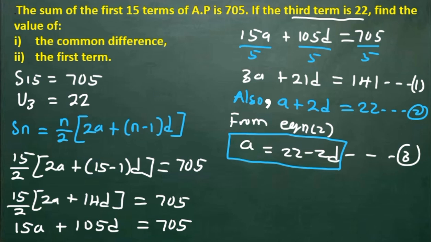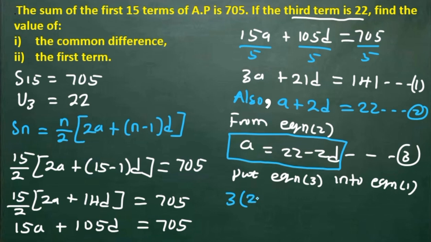because we will need it as time goes on. So let's continue. From equation 1 and equation 3, I can say that we substitute equation 3 into equation 1. So what we are going to have is 3 into bracket a, which is 22 minus 2d.